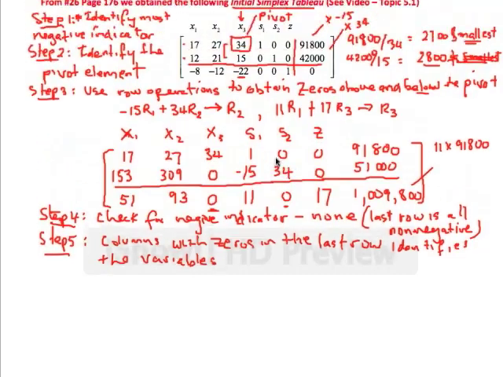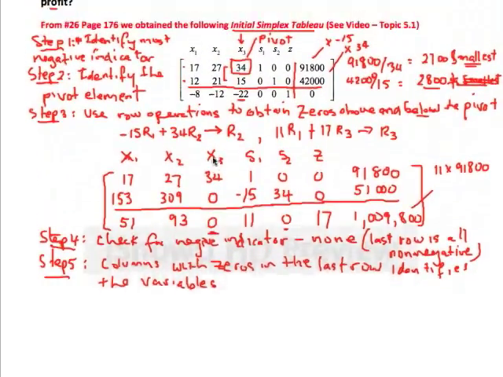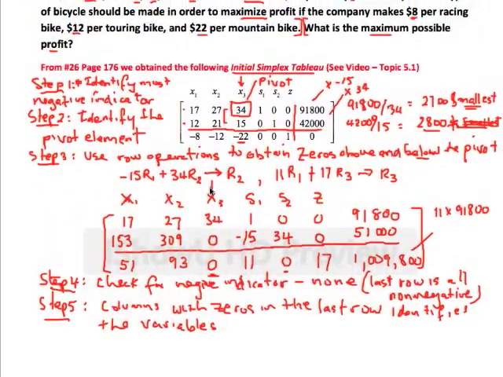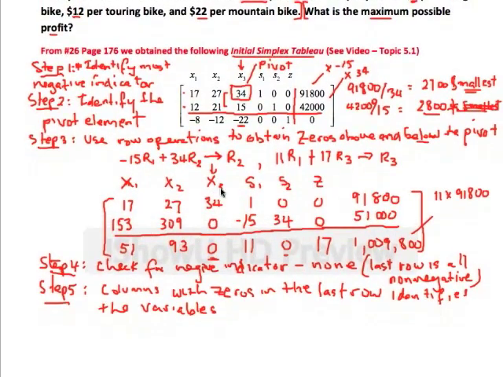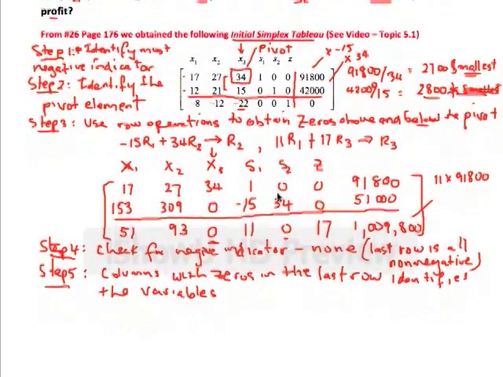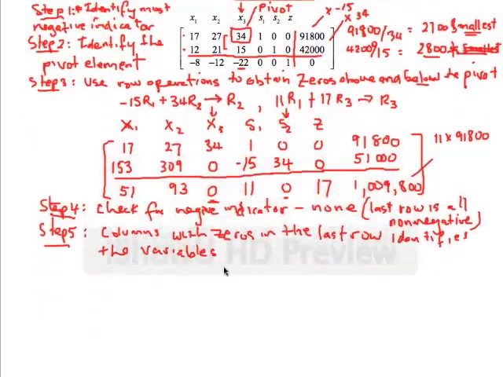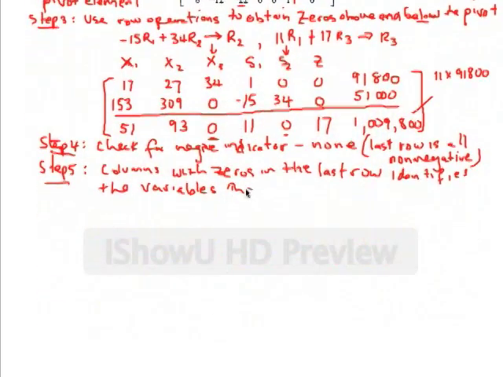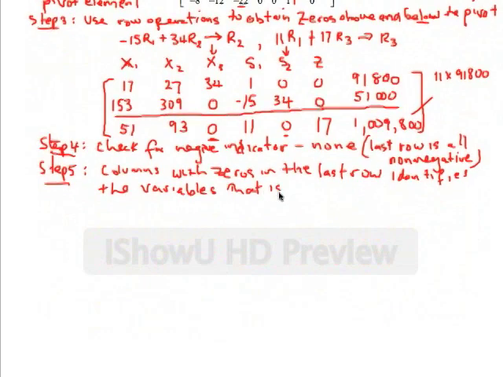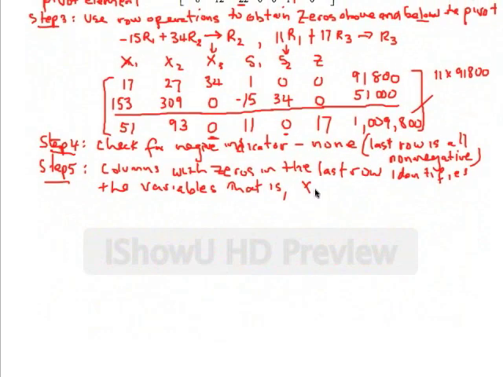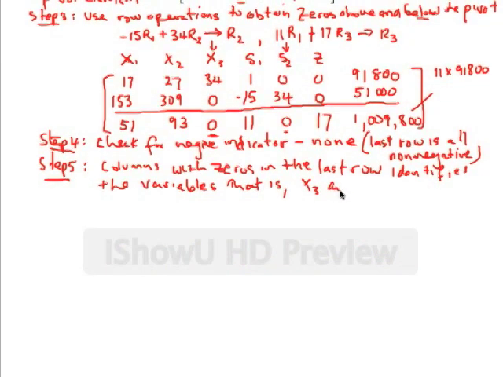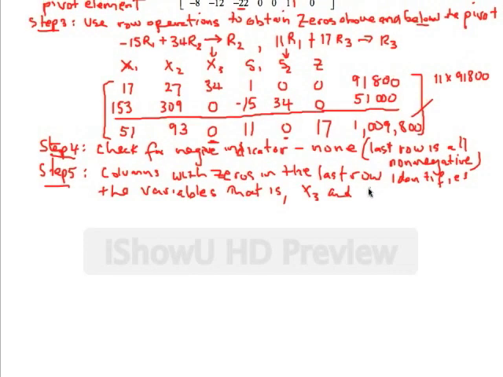Now you'll notice that we have a 0, so we're talking about this x3 is what we're going to keep, and we're looking at S2. Okay, alright, so that is x3 and S2.